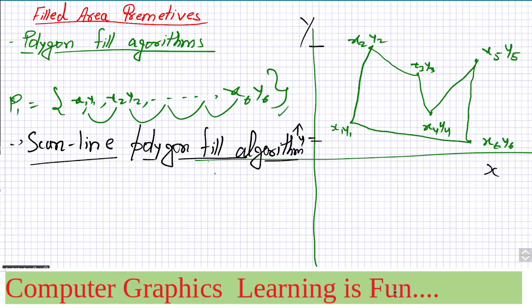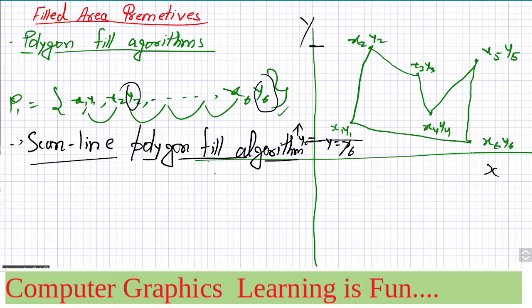Okay, given these x and y coordinates, we will be able to find the minimum value of y and the maximum value of y. Then we can iterate from the minimum value to the maximum value of y, and in each iteration, y is equal to y6, this particular y6, right?